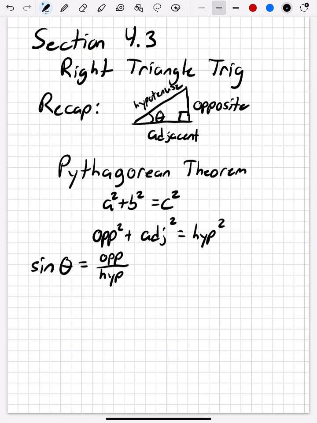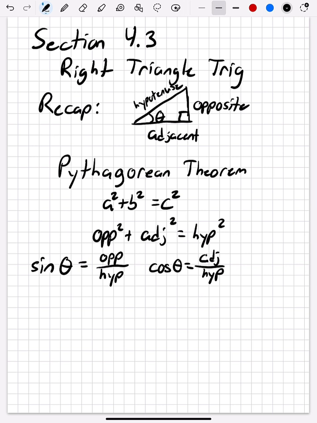So opposite over hypotenuse. You may remember something like SOHCAHTOA, a common acronym to remember these.